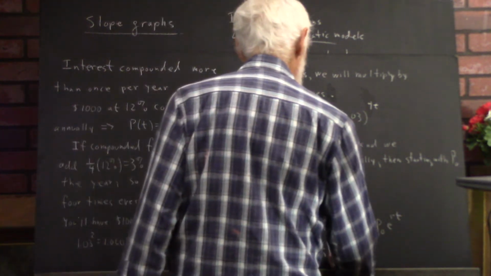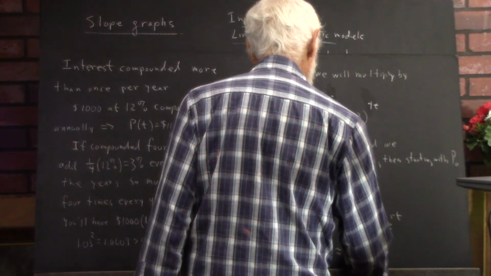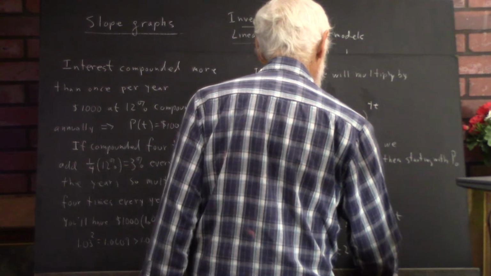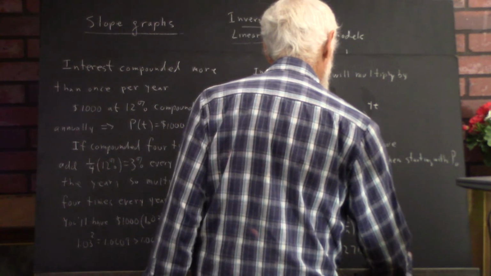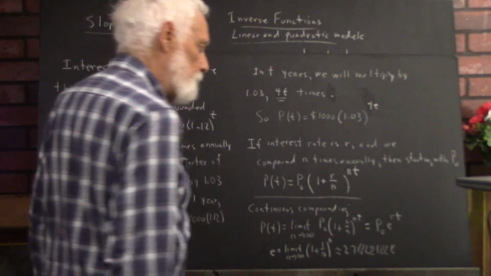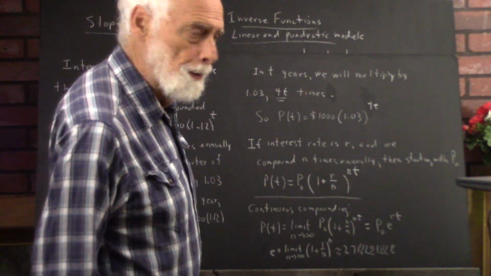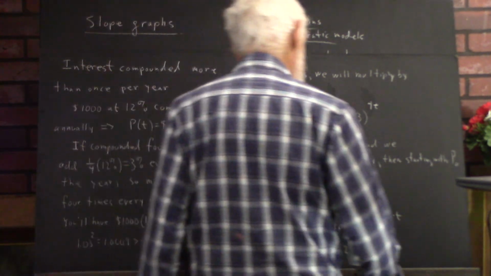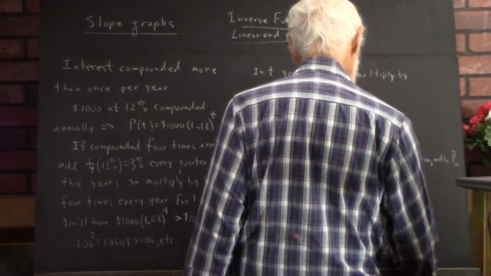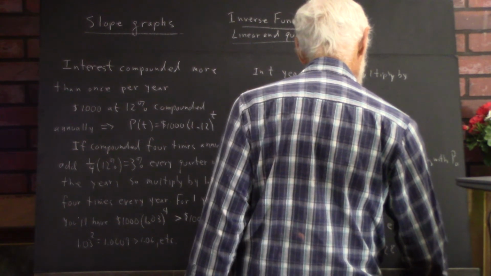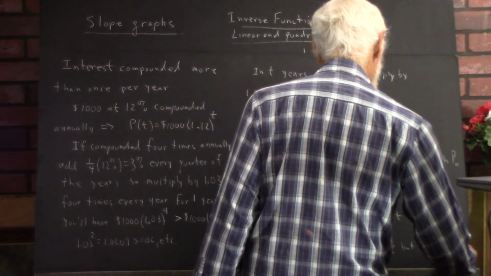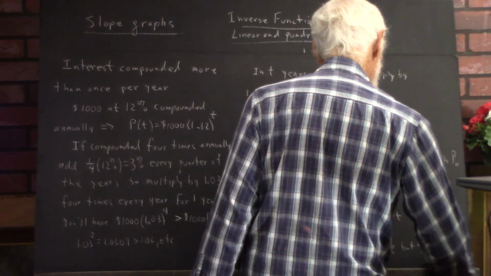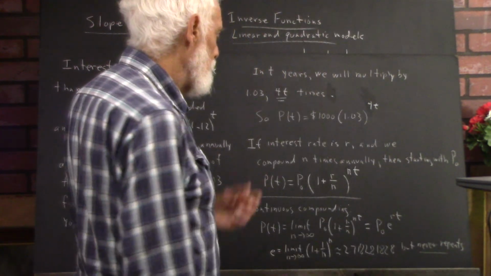And it's approximately equal to 2.71828. And then there's another 1828, which makes it look like it's going to be repeating and therefore a rational number. But it never repeats. It's irrational.